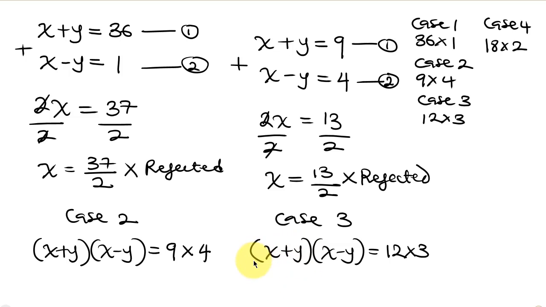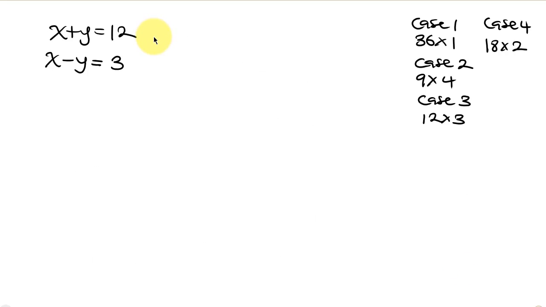We give this to the bigger factor, so x plus y, the bigger factor, is 12. And the second factor on the left, which is x minus y, is equal to the second factor on the right, 3. Very good. This we call equation 1, and this we call equation 2.